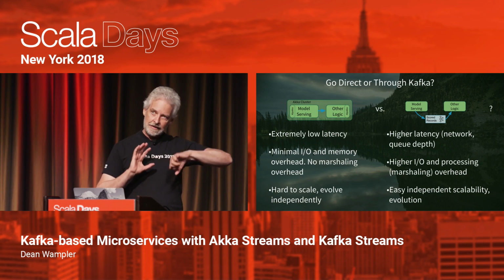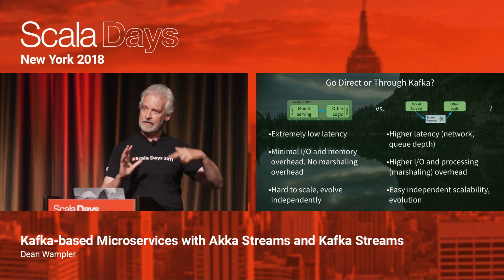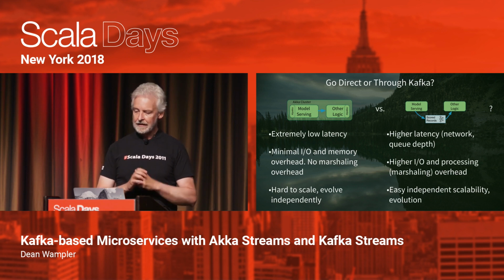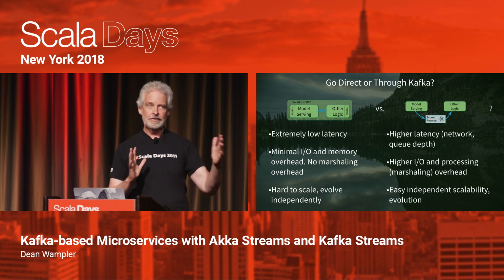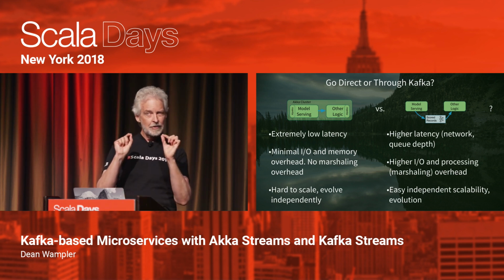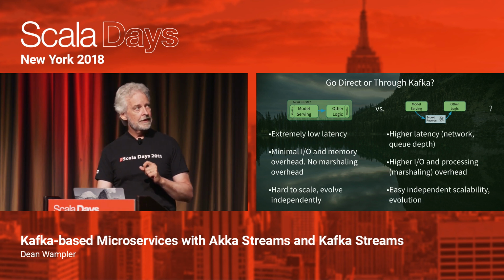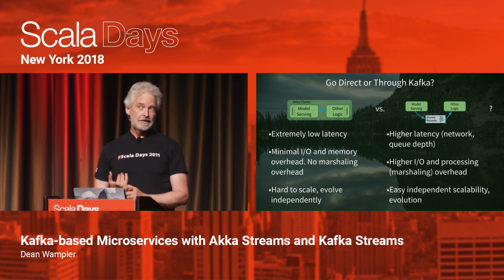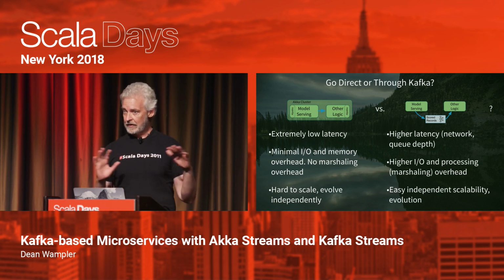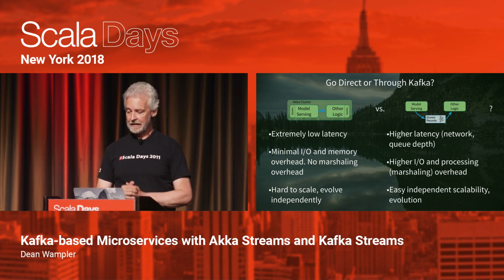and there's a slightly more direct dependency or connection between the guy that's sending the message and the guy receiving it versus the kind of abstraction we get going through a Kafka topic. Now that can be abstracted through actor references and so forth, but it's a little bit more of a coupling. Whereas if I'm going through a Kafka topic, I am taking on higher latency, the whole network traffic and queue depth. If I'm going through the messages one at a time and I have a very long topic partition, then I get overhead or latency from that.